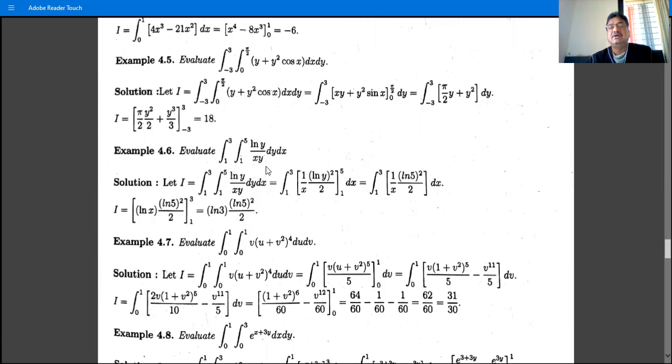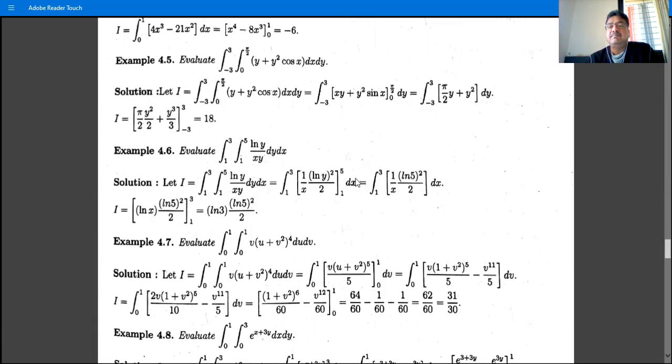So we have log y by y integration is log y square by 2, 1 to 5, because the derivative of log y bracket square is 2 log y into 1 by y. That is, we have log y by y as the answer.